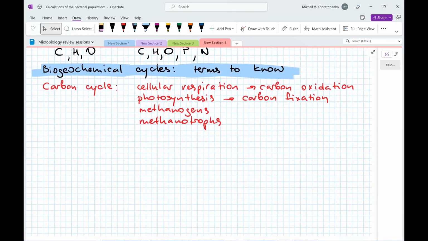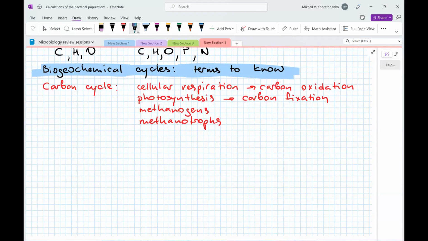They generate methane. What do methanotrophs do? They use methane as the source of carbon. Does that make sense to you? So you can totally expect those questions, just basically the terminology.